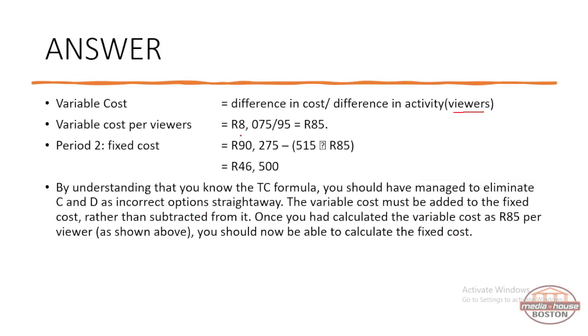All of this gives us a difference of 8,075 and 95 viewers. We use this to calculate the variable cost per viewer, which is going to be 85 rand. So one viewer will cost you 85 rand, and the more viewers there are, the more the cost will go up. So this is the variable cost per unit.